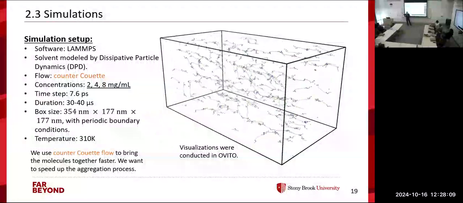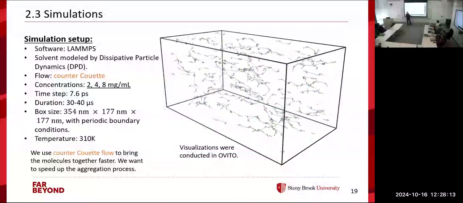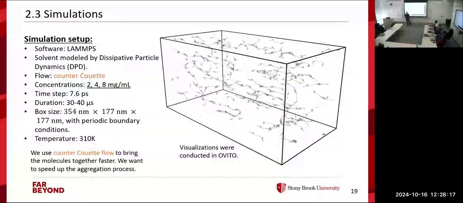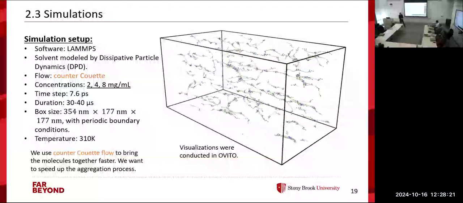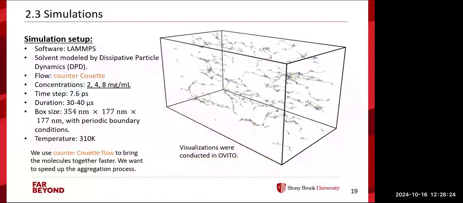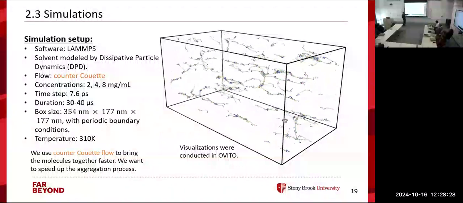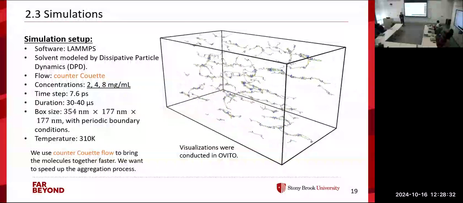We see it happening, but if we want to see it quickly, we have to add this flow to bring the molecules together. If you think about it, if you have an injury and you bleed, sometimes forming a clot might take a minute, sometimes a few minutes. So we're working with picoseconds, so that's still not a big speed up.